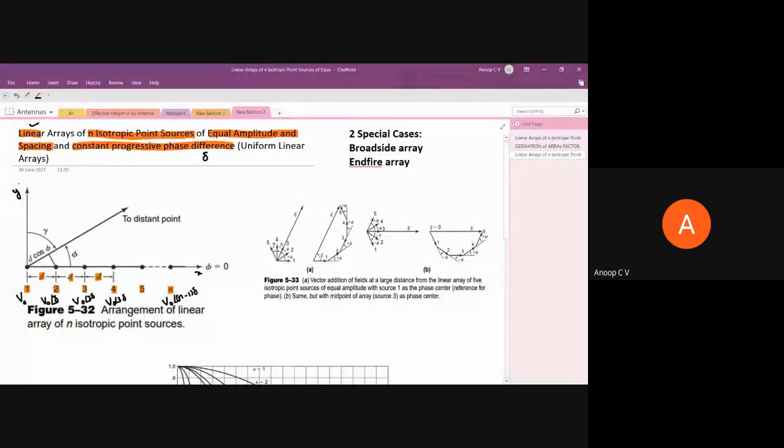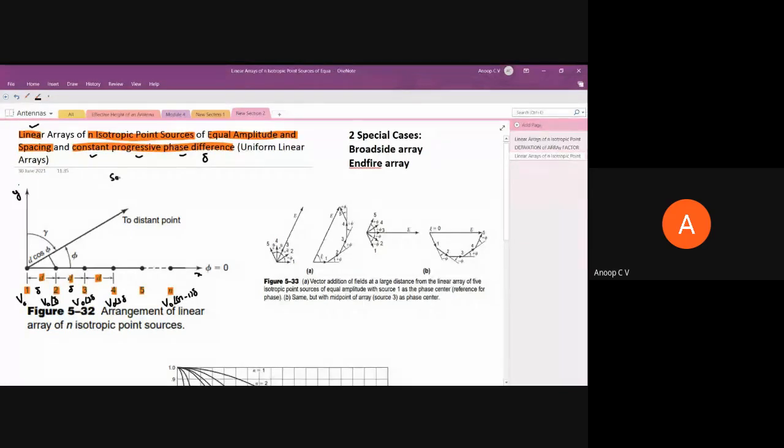If you see the phase difference between any 2 adjacent sources, source 1 and 2, the phase difference is delta. 2 and 3, the phase difference is delta. That is what is meant by constant progressive phase difference delta. So we are assuming source 1 as the phase reference.